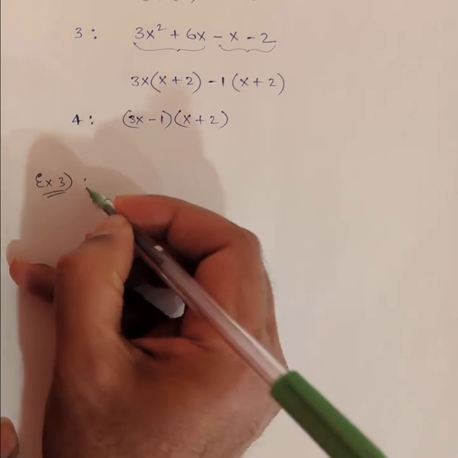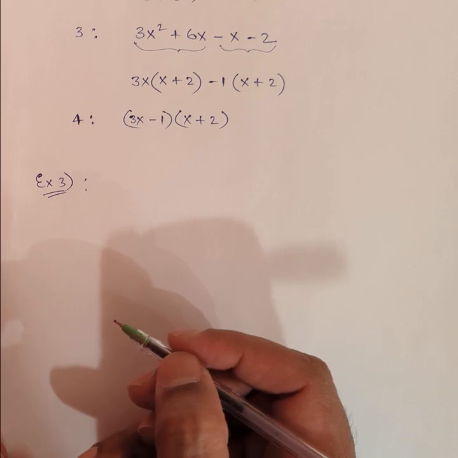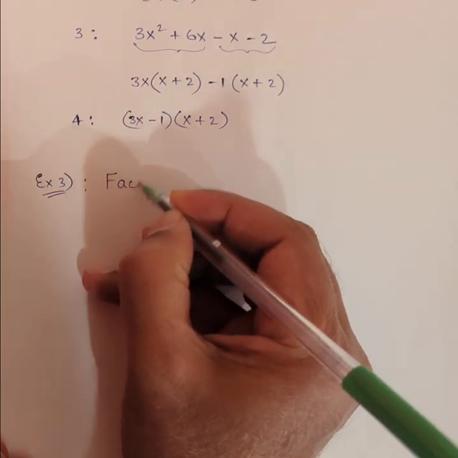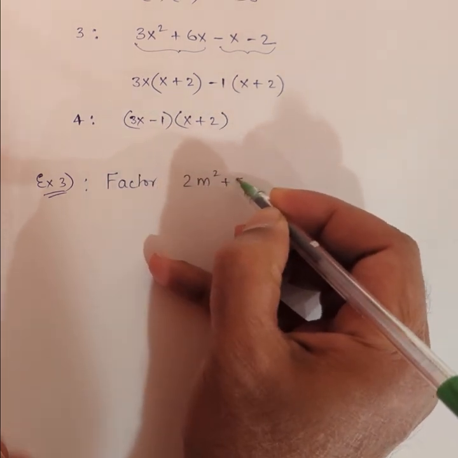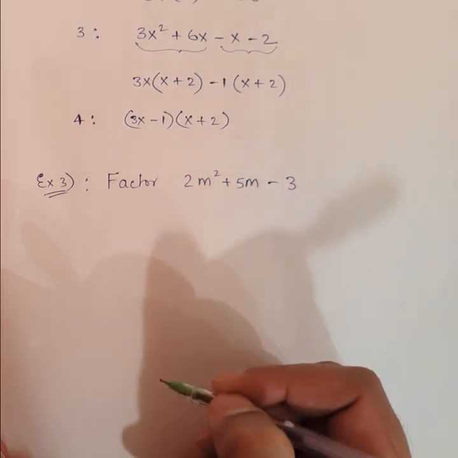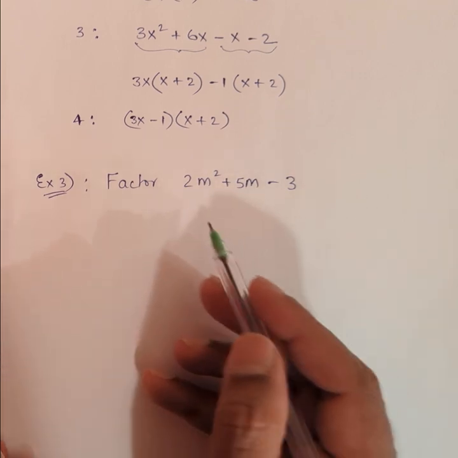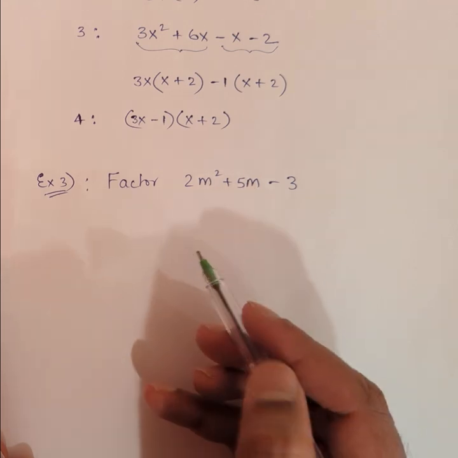Say example 3. Say the question is to factor 2m squared plus 5m minus 3. Now, the letter is changed to m, but it works exactly like the way it would if it was an x.